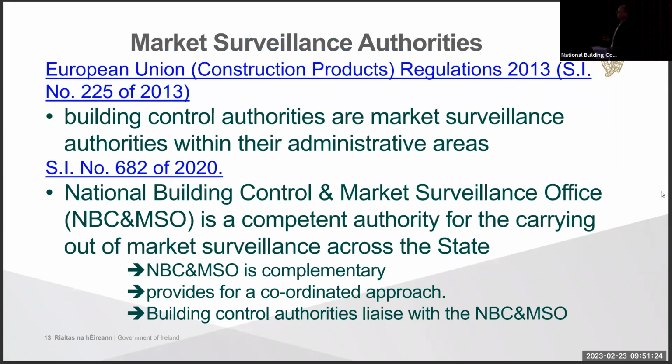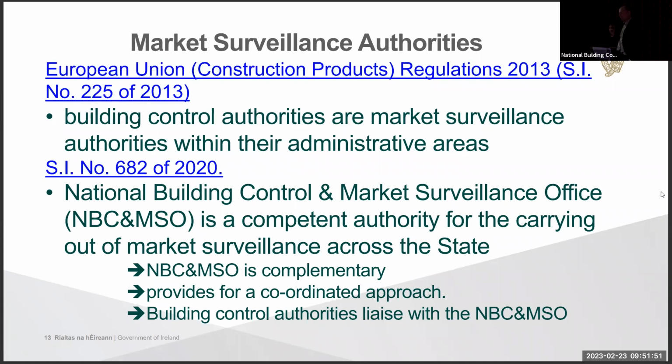How does it do it? There's a system of legislation. In 2013, the local authorities were empowered with this function. And then in 2020, SI 628 empowered National Building Control and Market Surveillance as a competent authority for carrying out market surveillance. It should be noted that, as Eamon has said, the MBC and MSO is a complementary system.